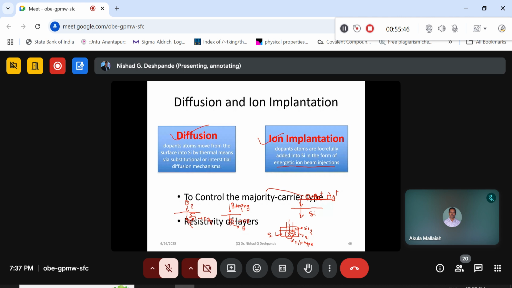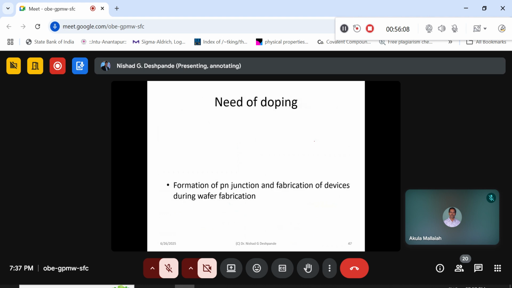This can be done by thermal diffusion processes, which we have already discussed for the oxidation processes, and another process called ion implantation. That is where we are very much focused and interested, and we'll talk about the ion implantation process in more detail.